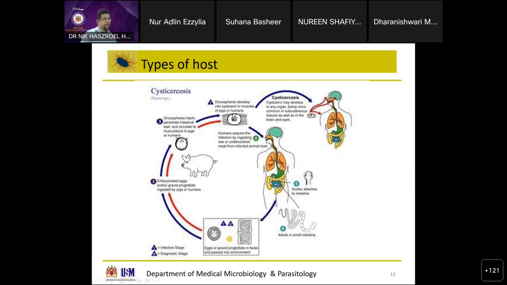So the human is the definitive host, and the parasite, the tapeworm, grows in the pig. The pig is the secondary host because in the pig it does not reach maturity. It doesn't reach sexual maturity, so it cannot reach the sexual stage in the pig. It reaches the sexual stage in the human.